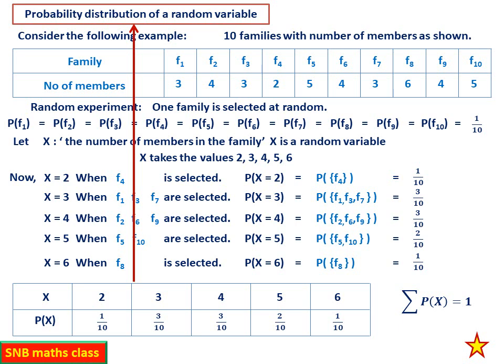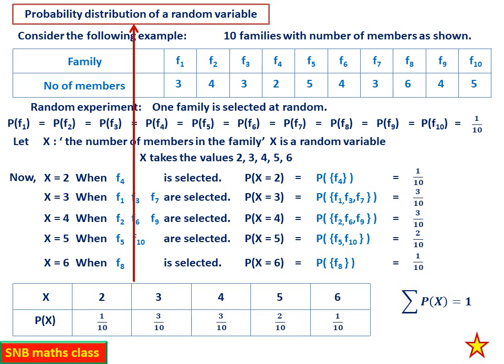Now the problem is, what is probability of x equal to 2? This means probability of selecting the family F4, but you know the probability is 1 by 10 for each, so it is 1 by 10. Similarly, probability x equal to 3 means probability that either F1 or F3 or F7 is selected, that means addition. So it is 3 by 10.